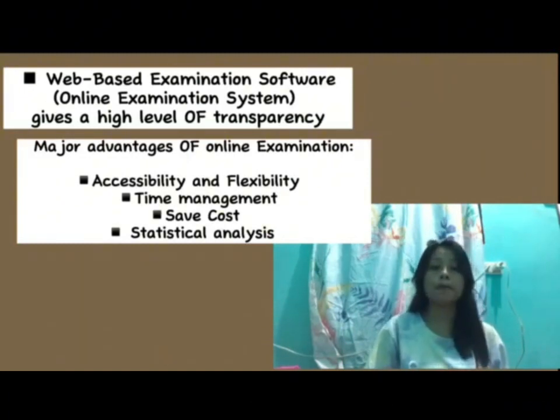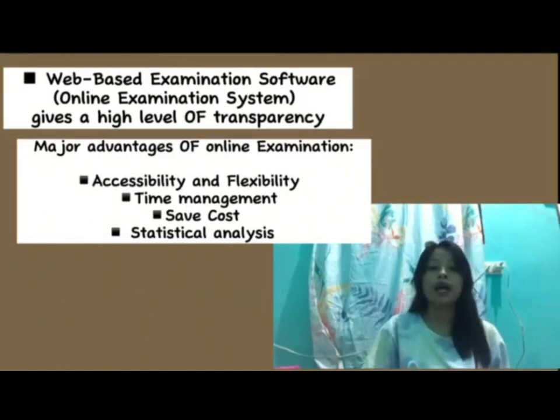It is almost impossible to compromise exam questions and evaluations because they cannot be influenced. Most online exams generate the result instantly and it is often possible for the exam taker to get his result immediately. So, here are some of the major advantages of online examination.